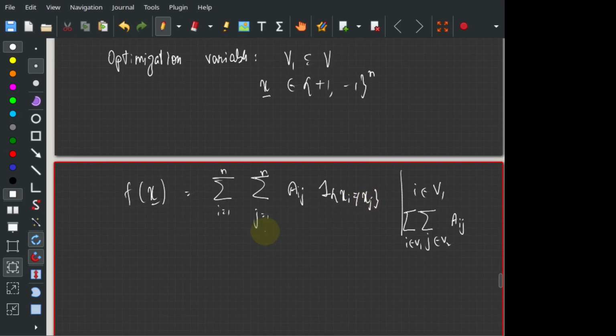That's correct, but can we somehow simplify this? I want to use x itself somehow. I don't want this sort of complicated looking function.